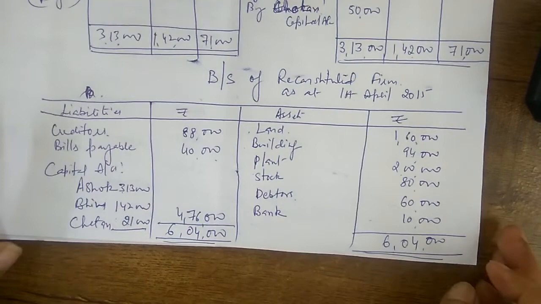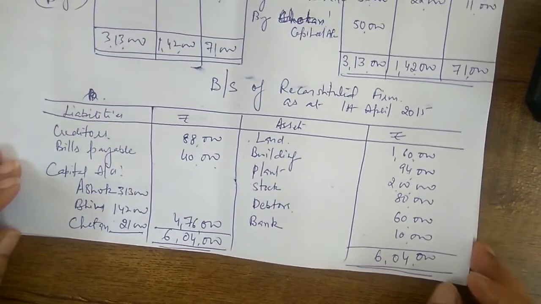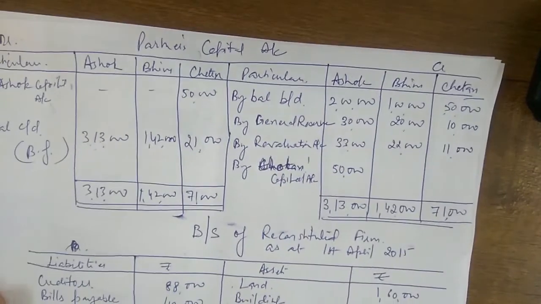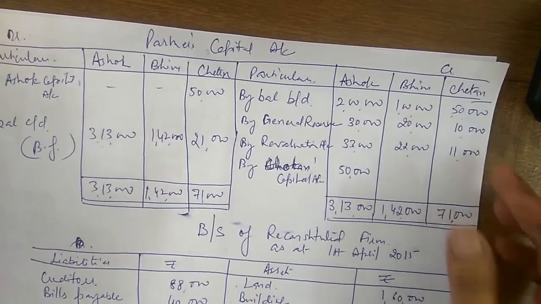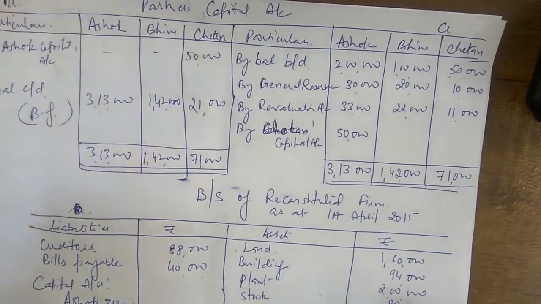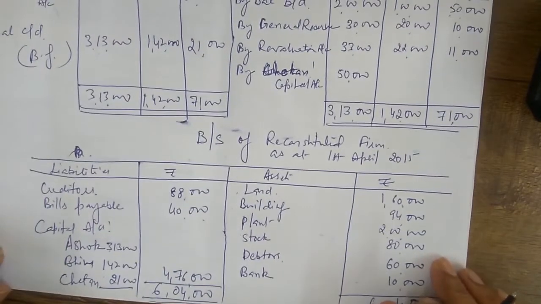So this is how to make the balance sheet and partners' capital account. Earlier we have discussed how to make the revaluation account. So this is a full length question. You may get it for 6 marks as well as for 8 marks. You can see once yourself, bache.